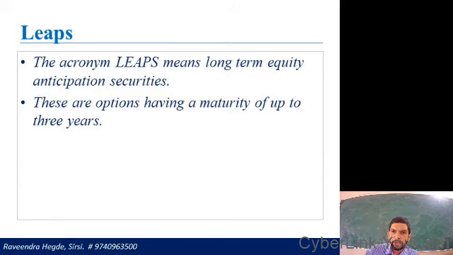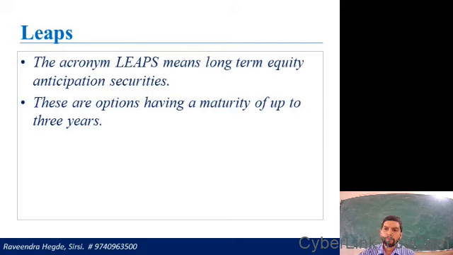LEAPS means long term equity anticipation securities. The full form of LEAP is long term equity anticipation securities. See, these are the options having a maturity of up to 3 years. So the LEAPS have a maturity period of up to 3 years.